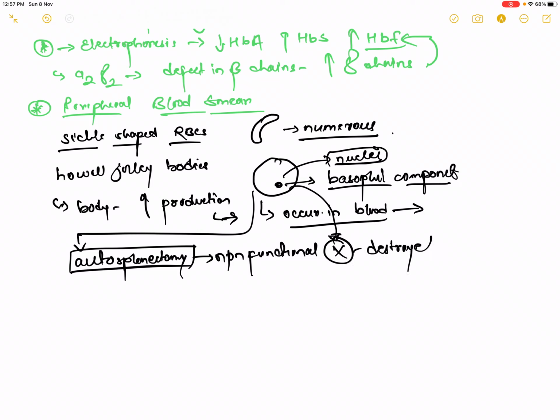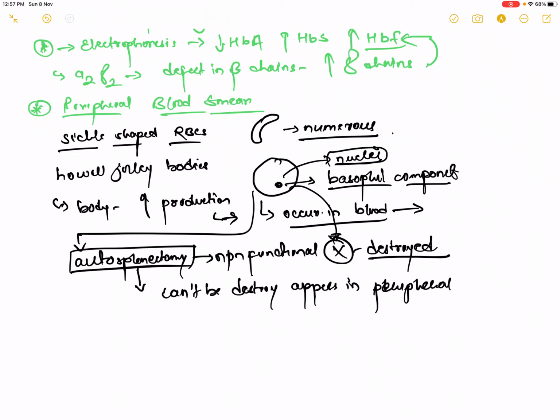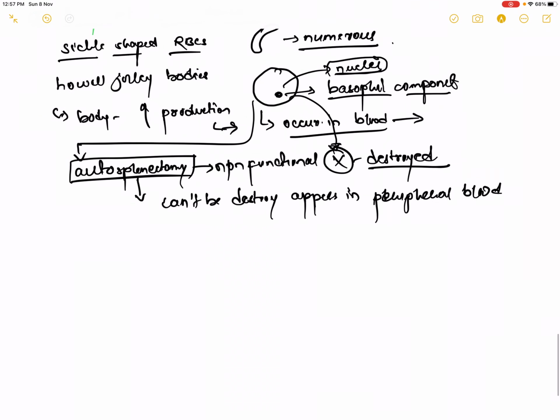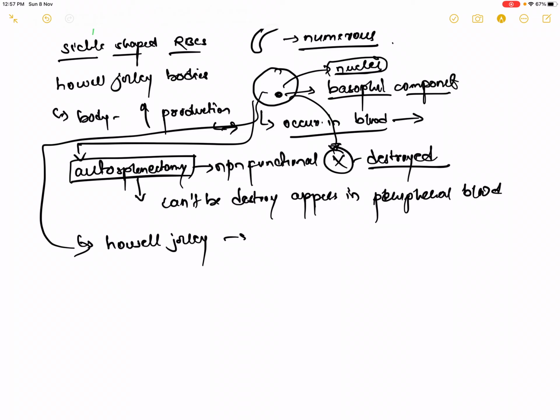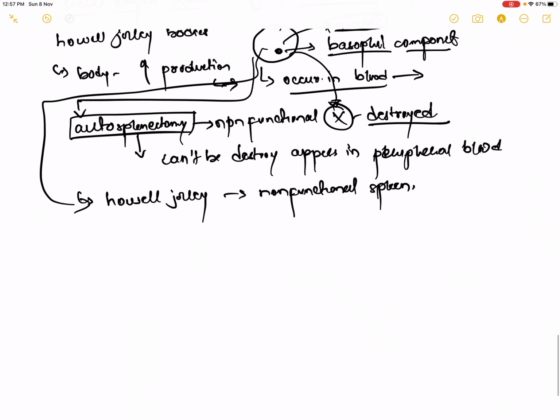But in sickle cell anemia, since the spleen is non-functional, they cannot be destroyed, and they appear in peripheral blood. Did you get the concept? These RBCs with a remnant of nuclei in the peripheral blood are known as Howell-Jolly bodies. So they basically represent a non-functional spleen. Very good.